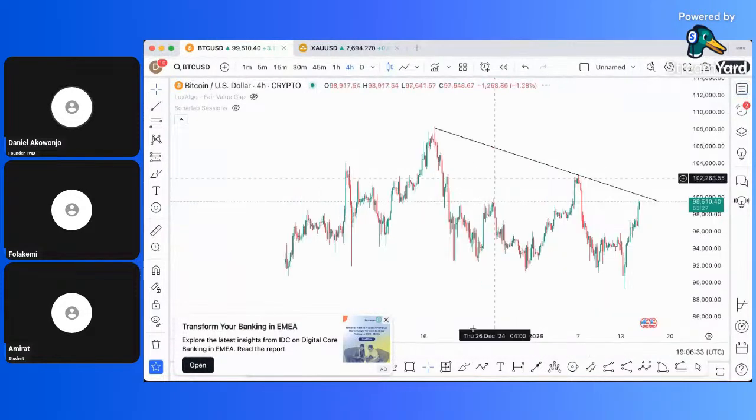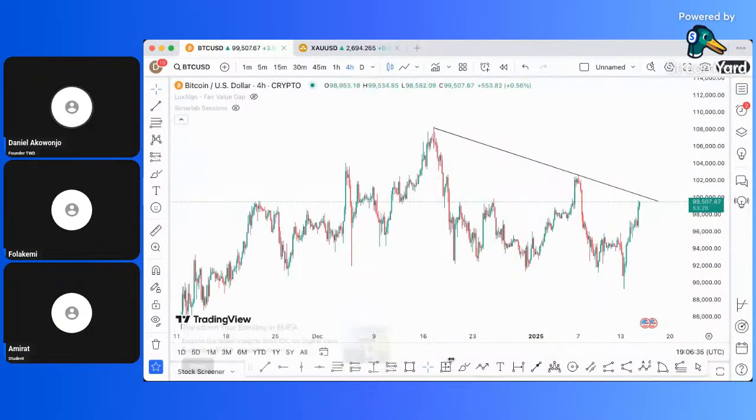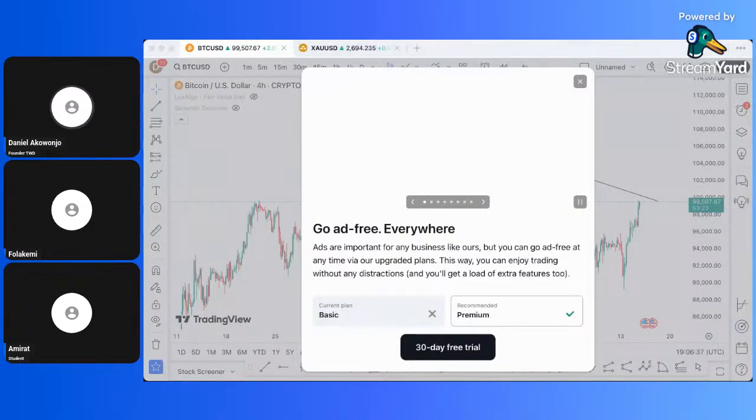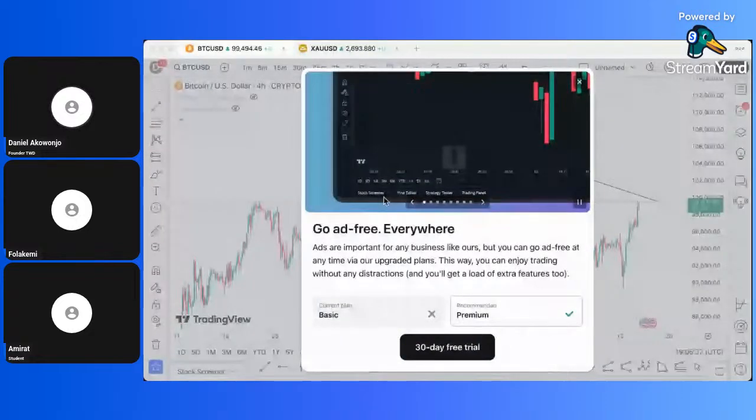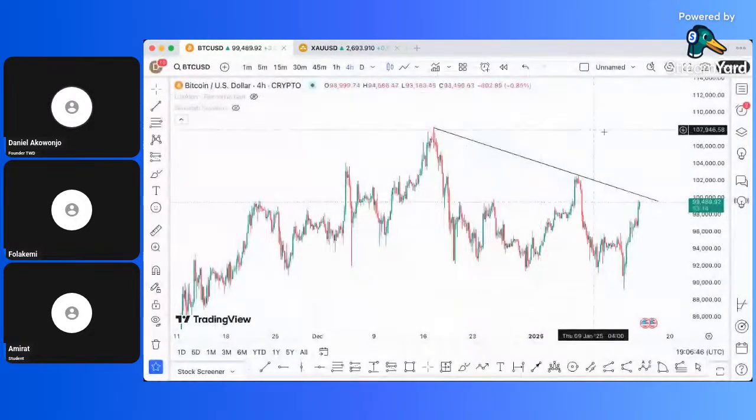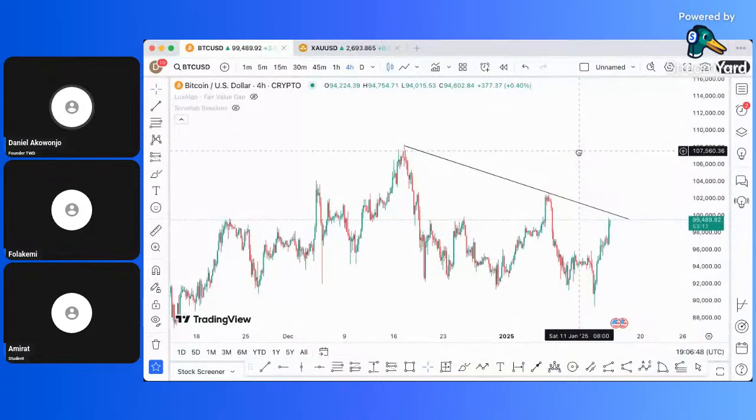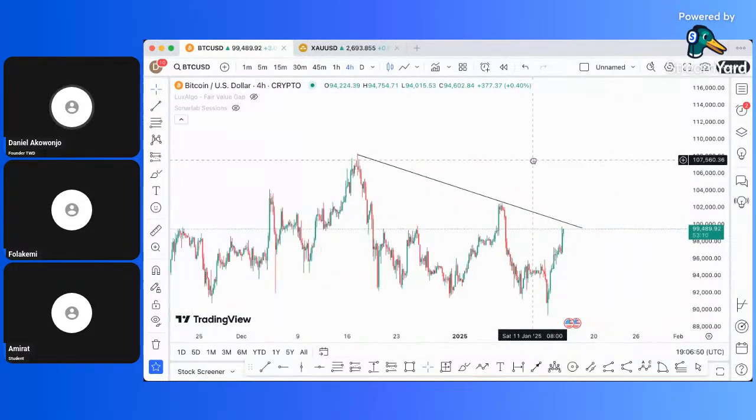Now, the title of this particular class basically is understanding forex trading as a beginner. So I'll be going through everything you need to understand as a beginner. First thing first, as a beginner, you need something called the broker, you need TradingView, you need your MT5, you need all those apps, right?